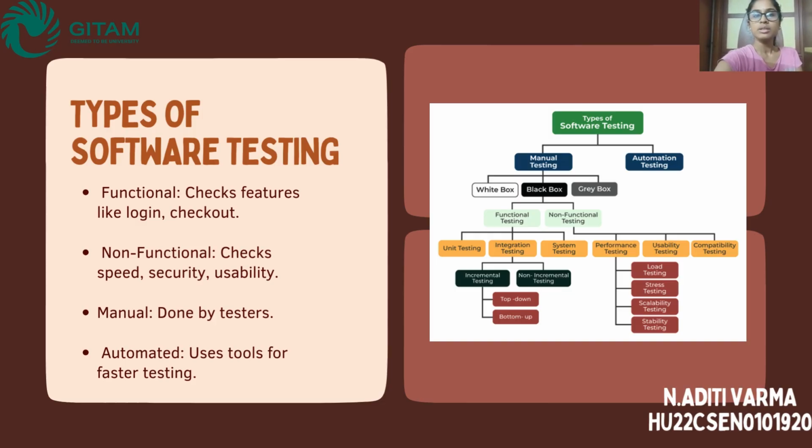Manual testing is done by human testers, and automated testing is the use of tools for efficiency. For example, a banking app must go through functional testing to check if users can send money correctly. It must also pass non-functional testing to ensure it loads within 2 seconds during peak hours.